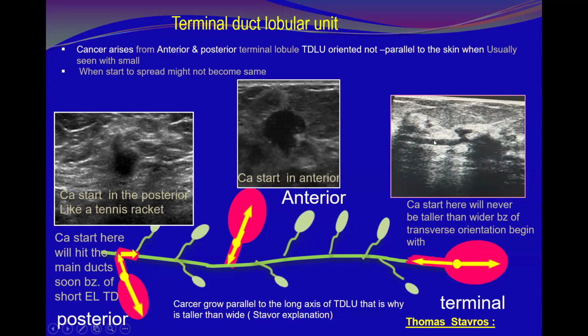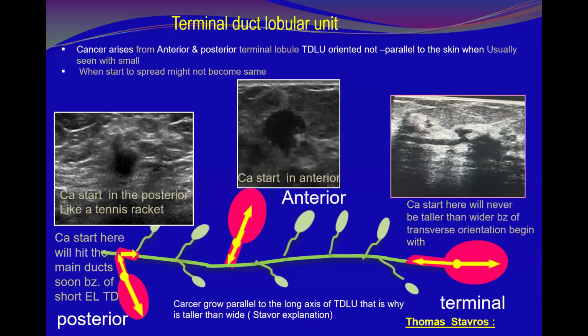So the tumor extended through the ductal system and it arose from the terminal duct lobular unit. And according to Stavros, they said that cancer arising from the terminal duct lobular unit is never taller than wide, because of the transverse orientation to begin with.